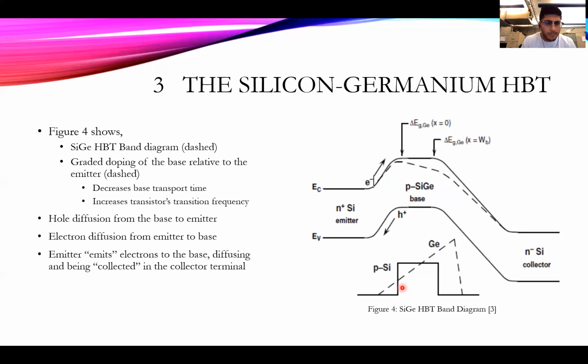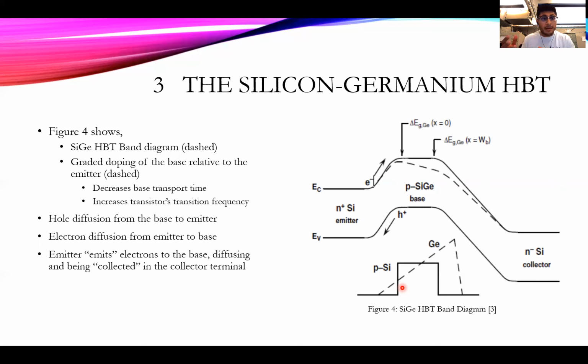The next thing I want to point out, one thing in general with the HBT, similar to the BJT, is that in an NPN, electrons are emitted from the emitter, diffuse into the base, and then are collected in the collector.